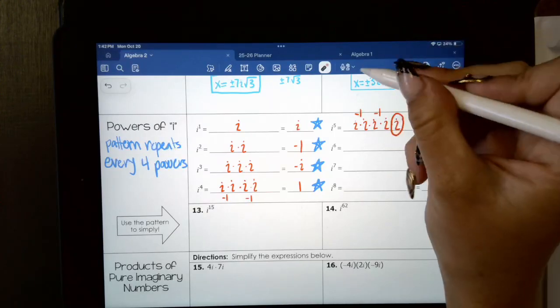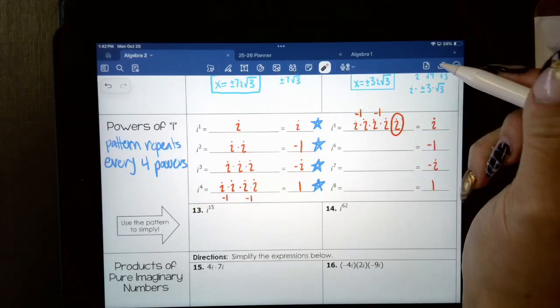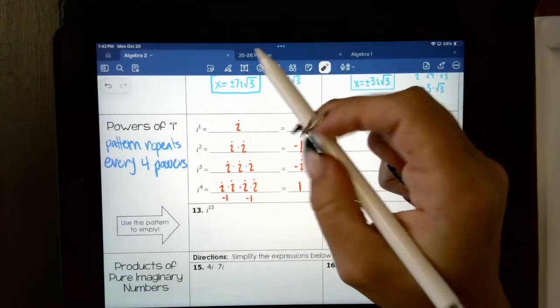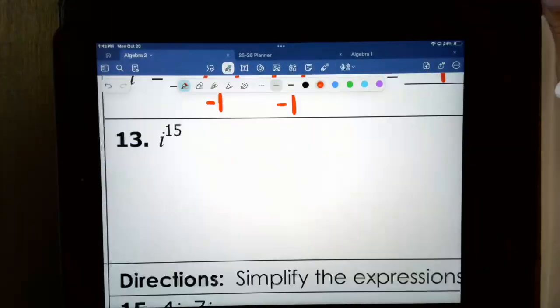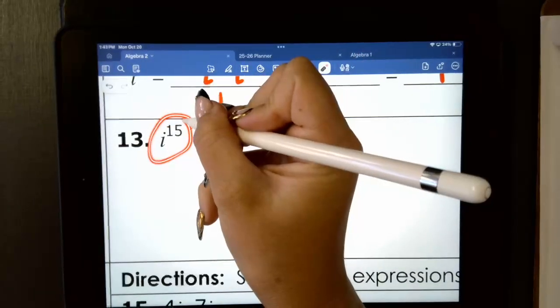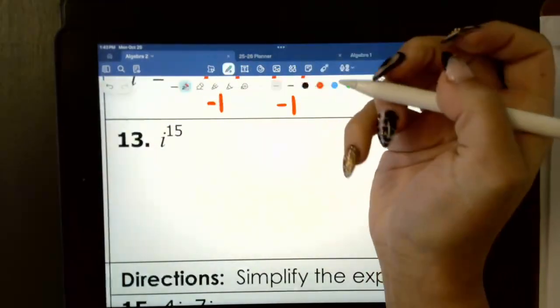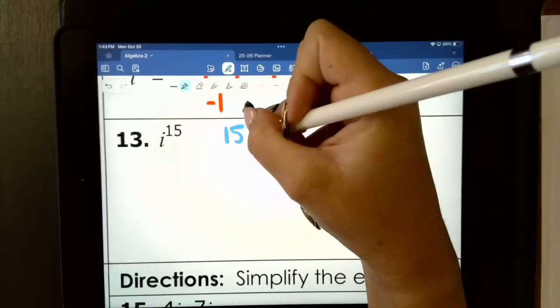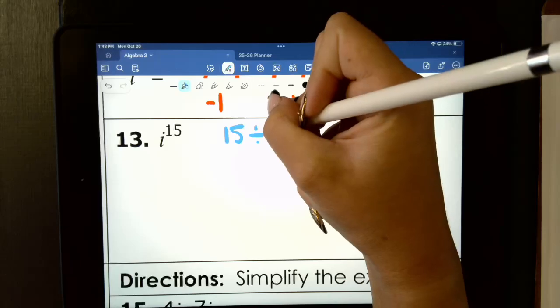Does that make sense? Okay. Yes, we'll get to that in a second. If we're looking at I to the 15th power, what we're going to do is take 15 and divide it by 4.